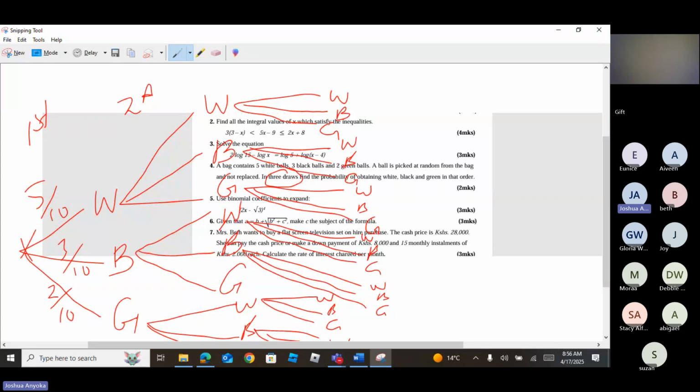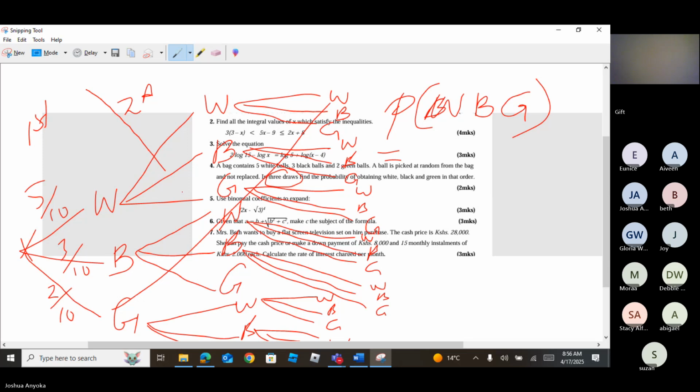So it is the probability of picking white, black, and then a green in that order. This limits us; we don't need all of this. It can only have like 2 marks.